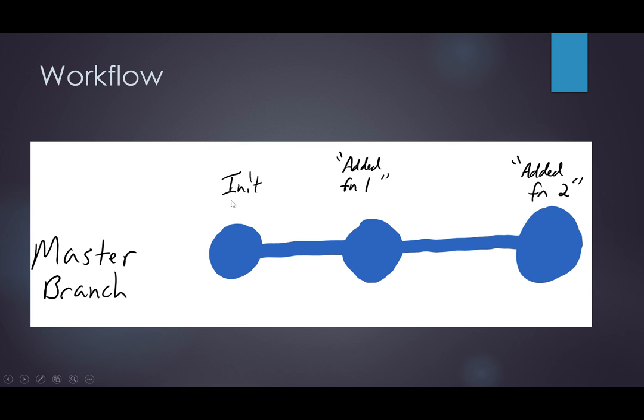So each of these bubbles represents a commit. So this, the init, would be the initial commit when it's empty. So with each commit, generally, you want to do one specific change that won't break anything else if you push that to master. So here, this commit just added a single function, function1. This commit added another function, function2.